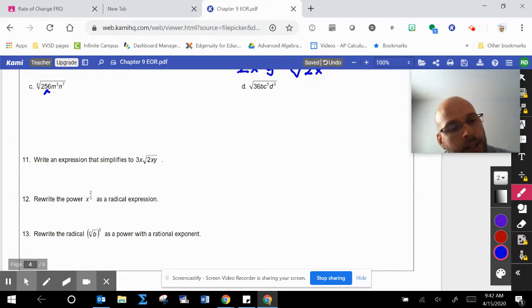Let's see here. I have 2 and 128. And then the 128 is going to break down to 2 and 64. I think I'm going to get a lot of 2's here. So 64 is 8 times 8.